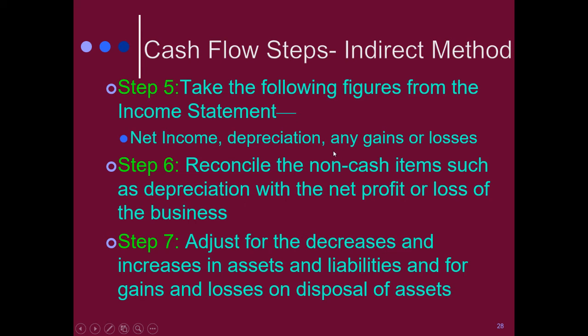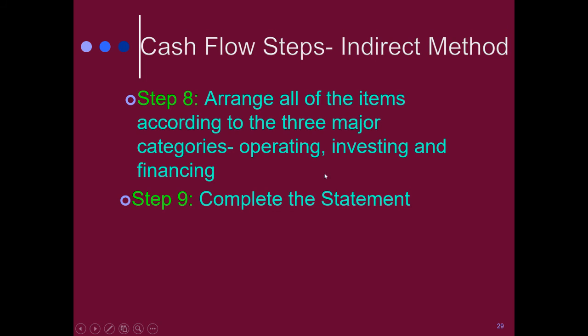Then reconcile the non-cash item such as depreciation with the net profit or loss of the business and adjust for the decreases and increases in asset and liabilities, and for gains and losses on disposal of asset. And lastly, arrange all of the items according to the three major categories: operating, investing, and financing. And finally, you complete the statement. So arrange it in the complete cash flow statement.